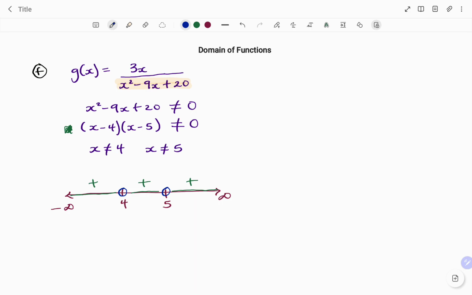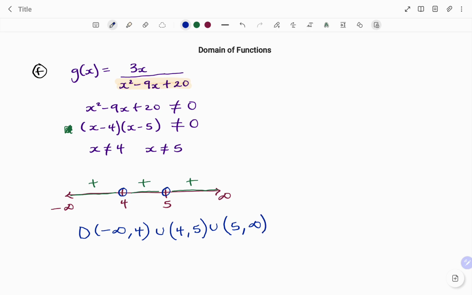So therefore, to write my domain in interval notation, I have my D starting from negative infinity to 4. 4 is not included, so I'm going to have a round bracket as shown, not a square bracket, union of, I have values between 4 and 5, that is valid, close bracket, union of, I have values from 5, not including 5, so I'm not using a square bracket, to positive infinity.